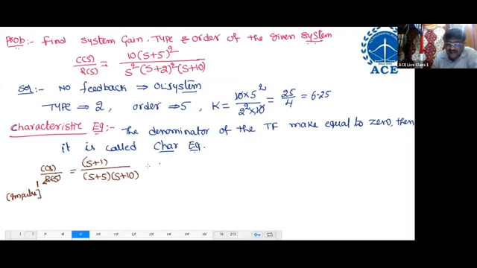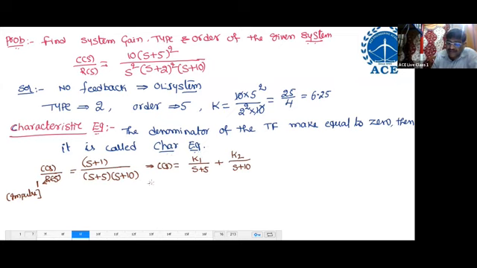Then this can be written as K1 by S plus 5 plus K2 by S plus 10.